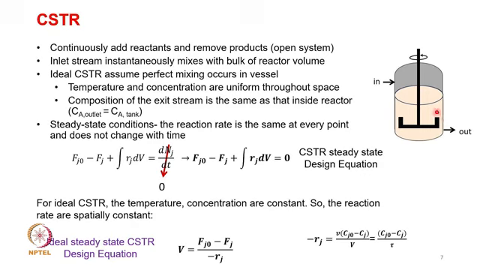What is inside the reactor? Ca outlet, which is the outlet composition, is equal to Ca tank. So what is inside the tank is what you are draining out.